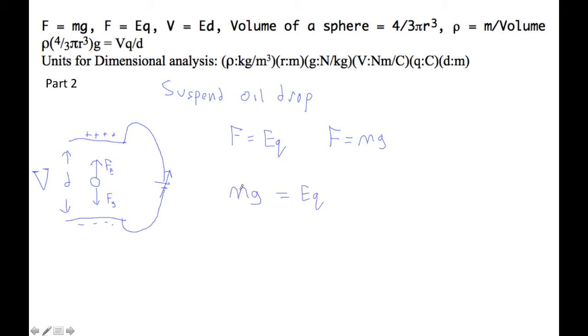Well, now we're going to substitute, right? This mass here, we don't just know the mass of it, but we can measure its radius. That's the third part here. Okay, so we can measure this radius, and the radius is related to the volume this way, right? The volume of the drop is 4/3 pi r to the third, right? And then there's a relationship between density and volume, right?